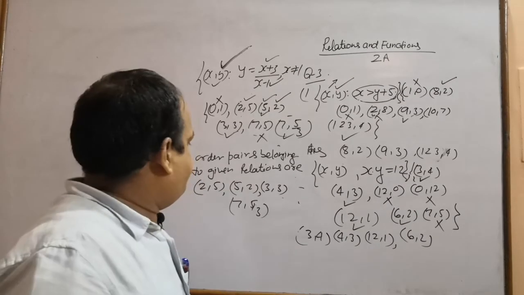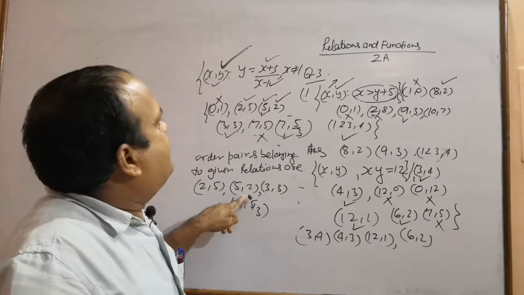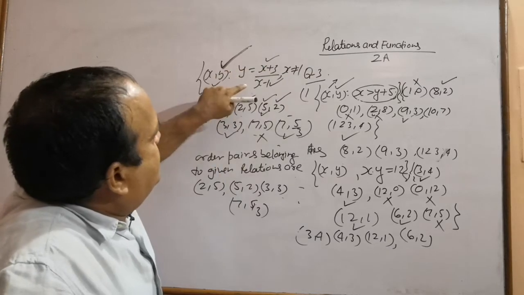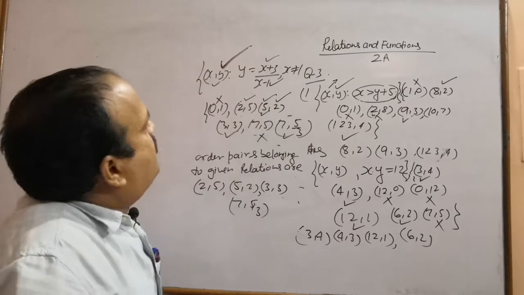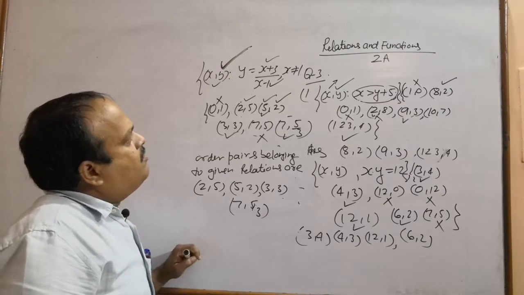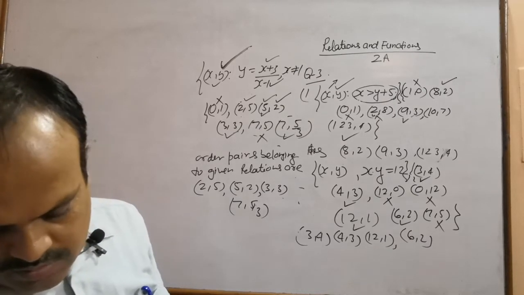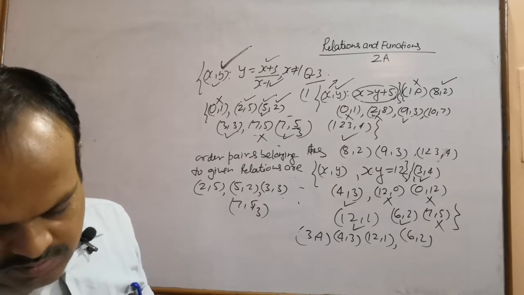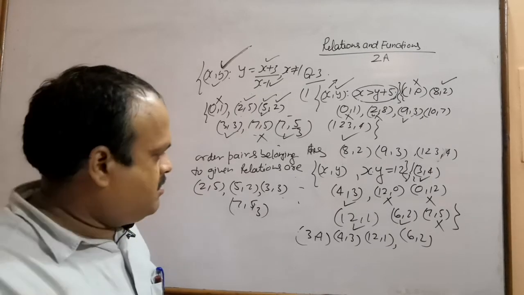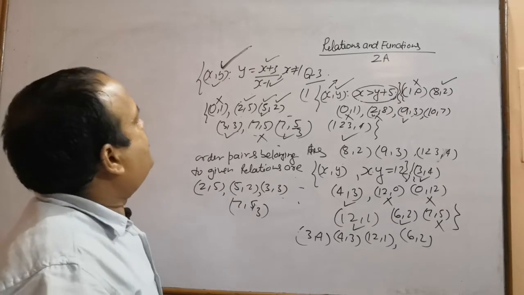Next, let me check this one. When we put the value of x 5, 5 plus 3 is 8, 5 minus 1 is 4. So the value of y is 8 upon 4, 2. Yes, 2 comma 5, 5 comma 2. 5 comma 2 will also be an element.